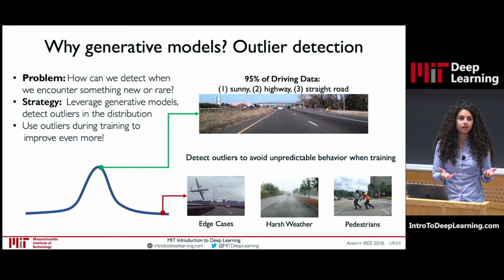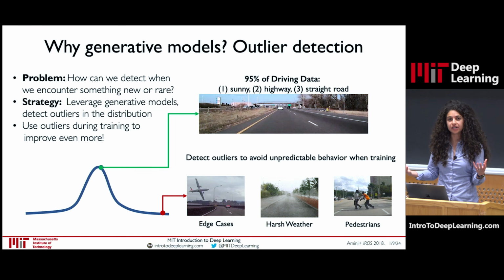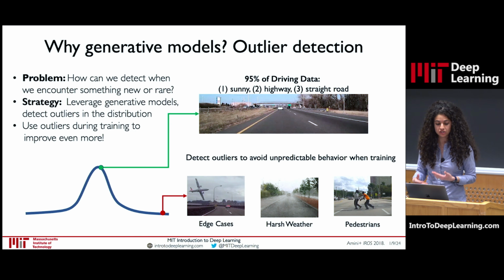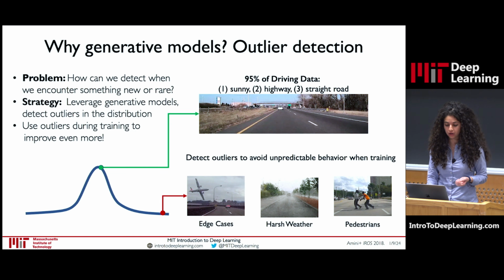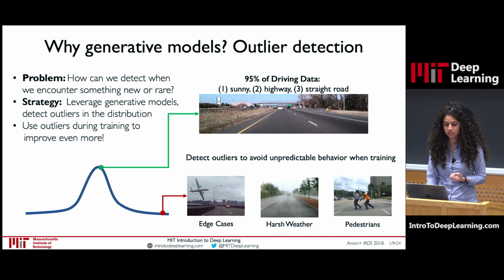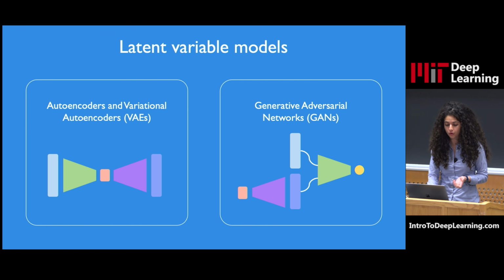You want the model to be robust to be able to handle those instances. And so by modeling this probability distribution, we can detect automatically, is this new observation an outlier, or is it falling squarely in the middle of the probability distribution? And then use this information adaptively to improve the model itself. So this is kind of a flavor of what types of applications these generative models can be useful for.